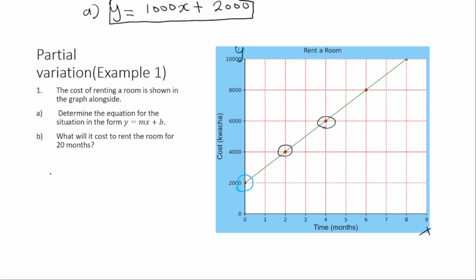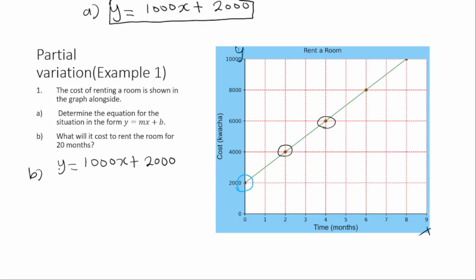Part B: what will it cost to rent a room for 20 months? You already have a model. You have created a model here for predicting even beyond what is on this graph. So we are not going to say y and x.